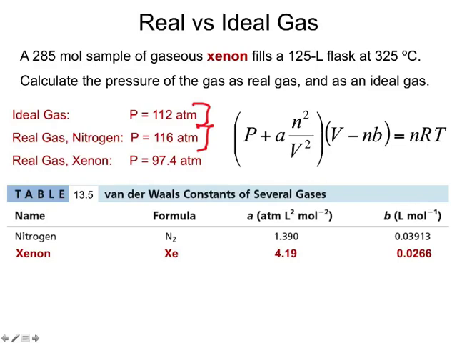Now, if we trade the gas to xenon, which has much larger values for the attractive term, a, then our pressure would drop to 97.4. And so in this hypothetical, I'm just putting the word xenon in here and then still using all of the same numbers, just now using the coefficients for xenon. So for different gases, this can be a bigger change between an ideal gas and a real gas, and there's times when that really can matter.